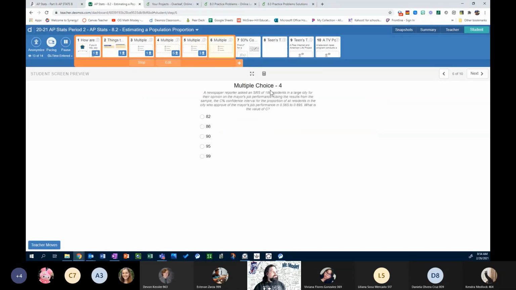Multiple choice 4. A newspaper reporter asked an SRS of 100 residents in a large city for their opinion on the mayor's job performance. Using the results from the sample, the C% confidence interval for the proportion of all residents in the city who approve the mayor's job performance is 0.565 to 0.695. What is the value of C?